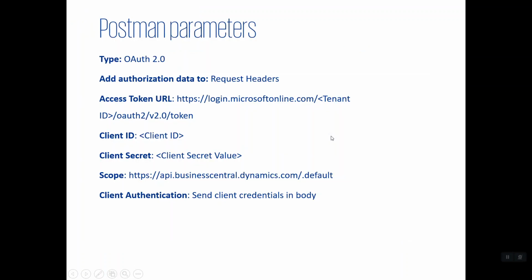Now you have the client ID from Azure, the access token URL, which contains the tenant ID you copied from Azure, the client secret value which we copied, and the scope is this one, and client authentication is send client credentials in body. All these parameters are required for Postman.